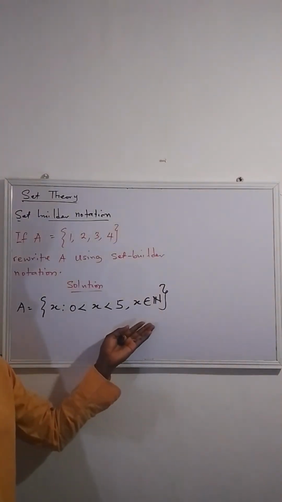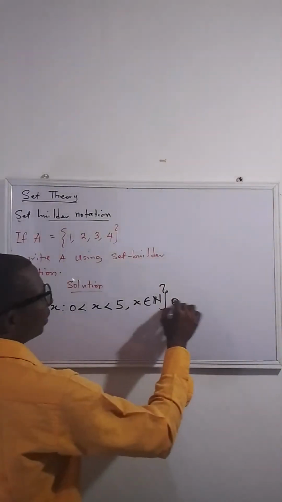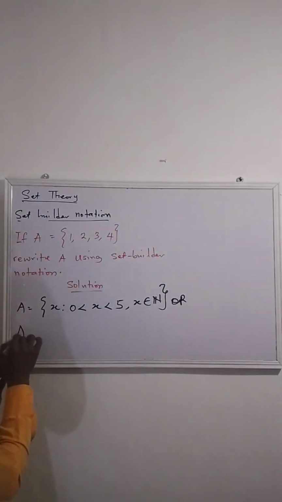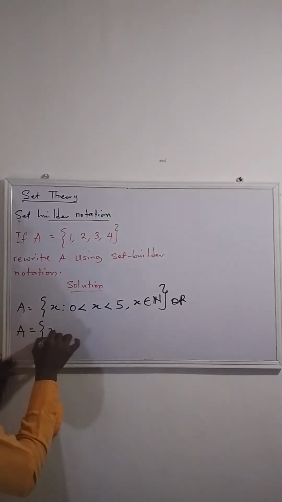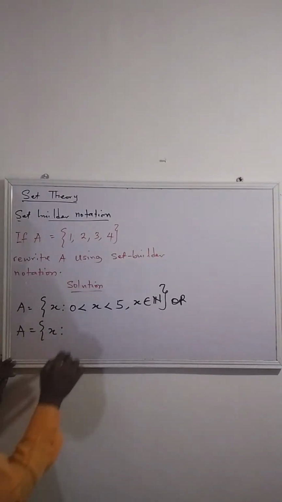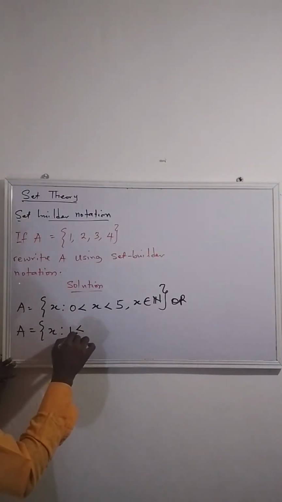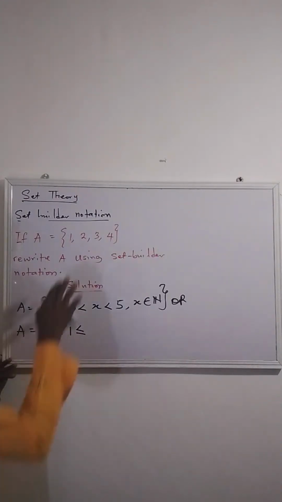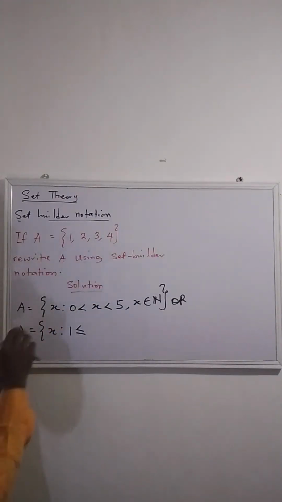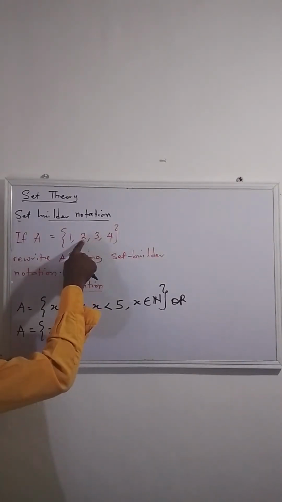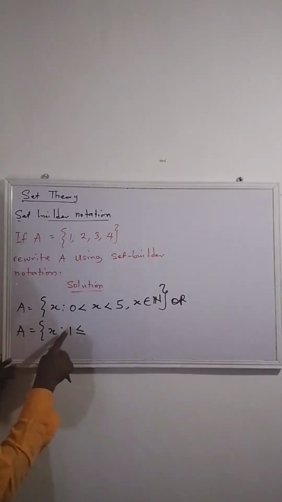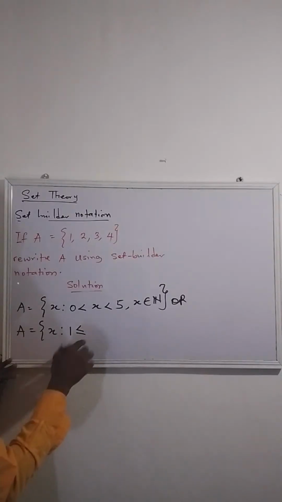So this is one way of writing it. A is a set of x such that 1 is less than or equal to x. Now look at all these numbers: 1 is less than all of these, and it's also equal to 1.